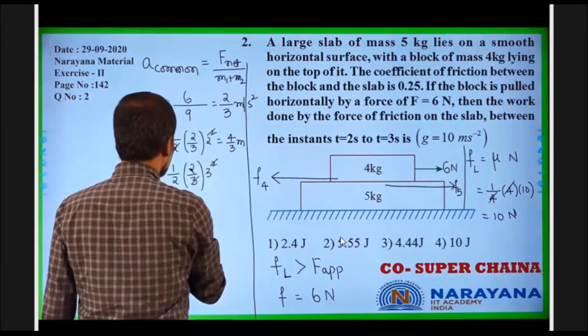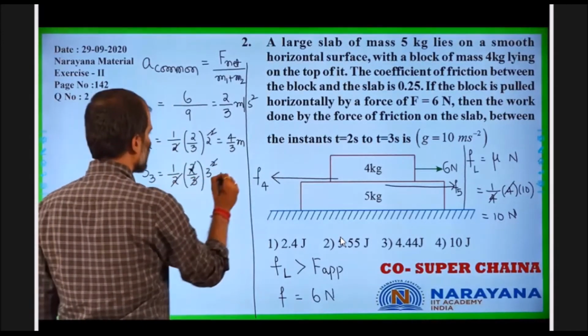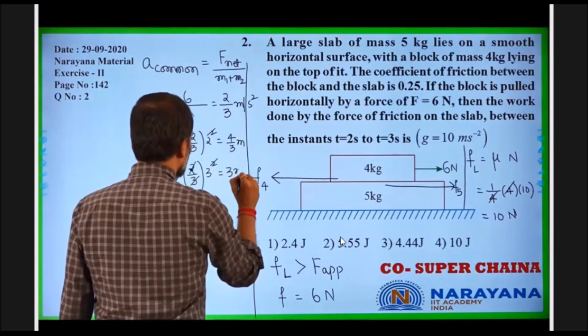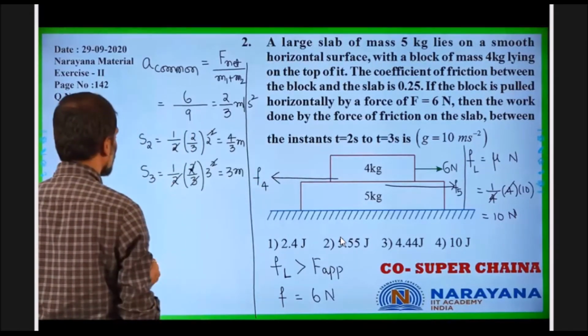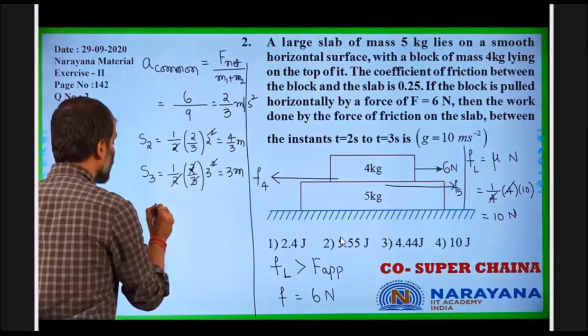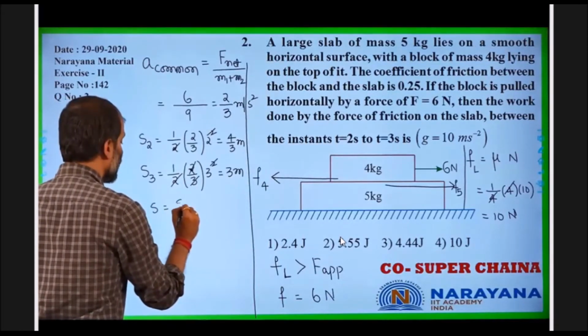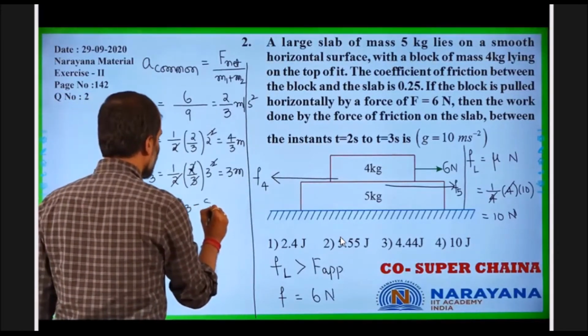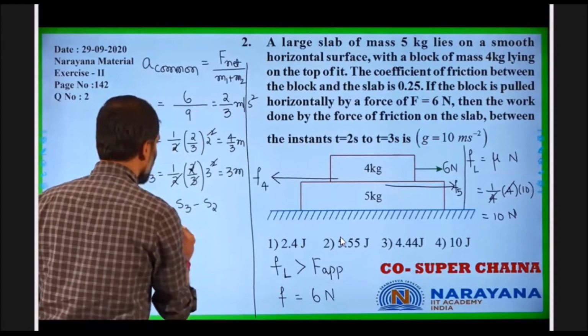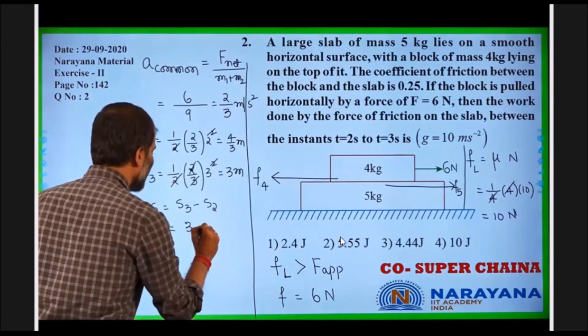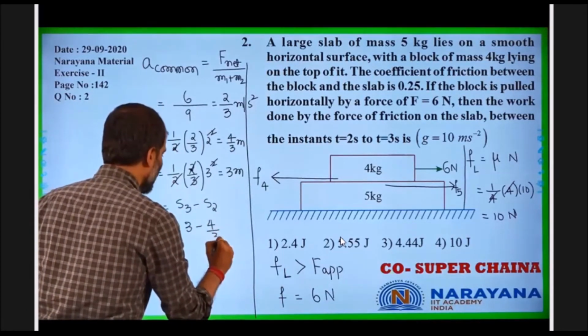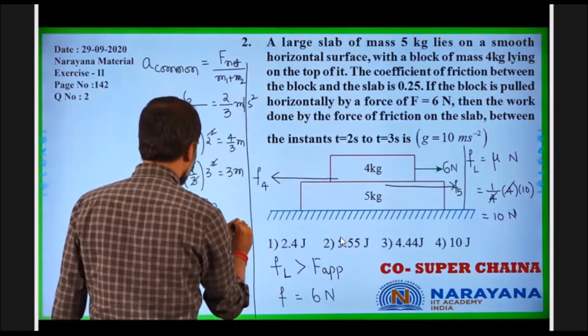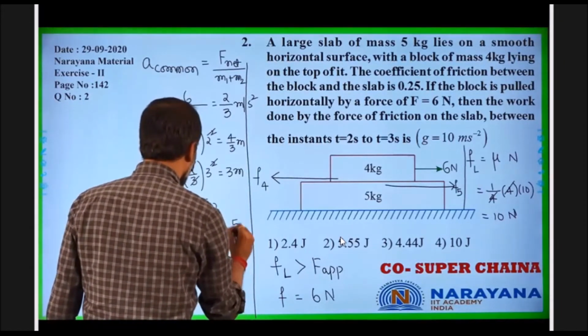This 3 and this 3 get cancelled, 2 and 2 get cancelled, which equals 3 meters over here. Now we consider the displacement as S3 minus S2, which is 3 minus 4 upon 3. So it is 9 minus 4, which is 5 upon 3 over here.